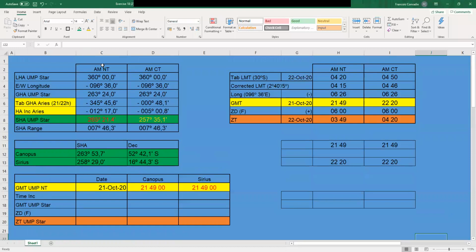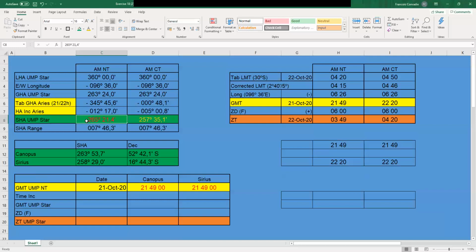Because remember, at this stage, this value, the 265, that 265 isn't any one of these stars. The 265 is actually the SHA for any star at exactly the same time as this nautical twilight.